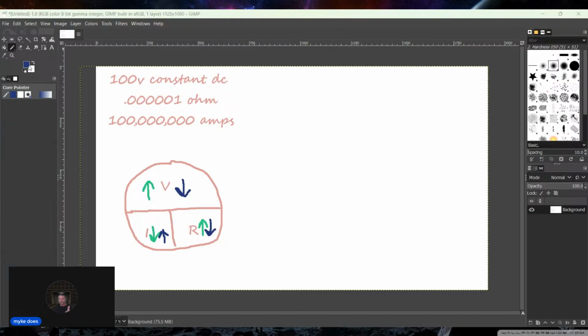How is that possible? That doesn't make sense. Well, it does when you think of it this way. Why does the resistance go down when the current goes up?